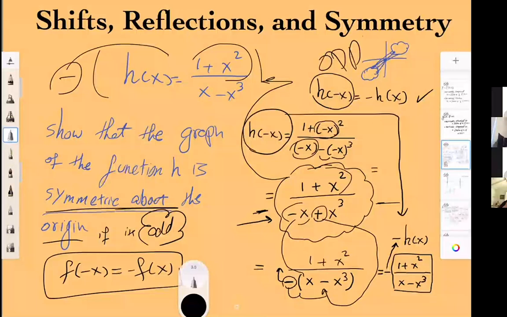If a graph goes through the origin, is it possible for it to be even, because that's still a point on the y-axis? Say again, please.